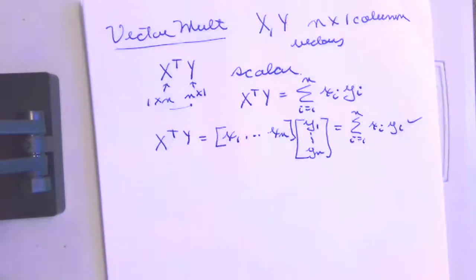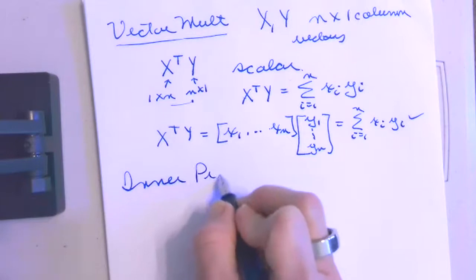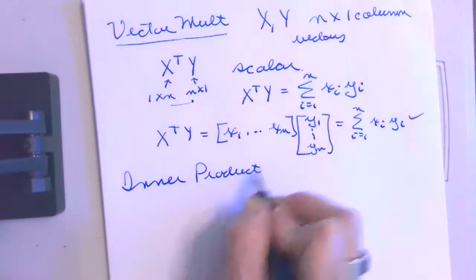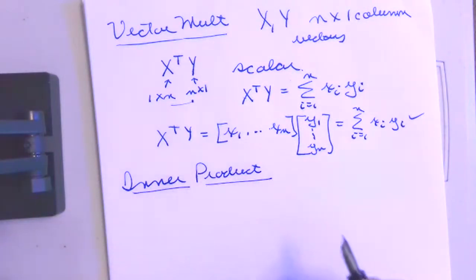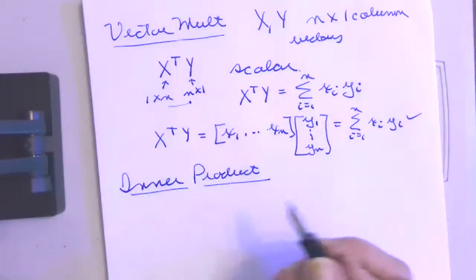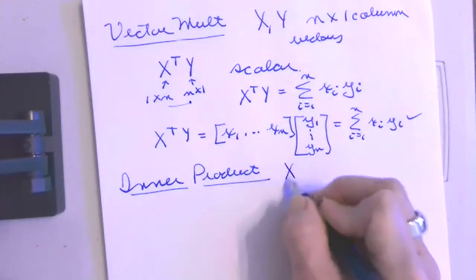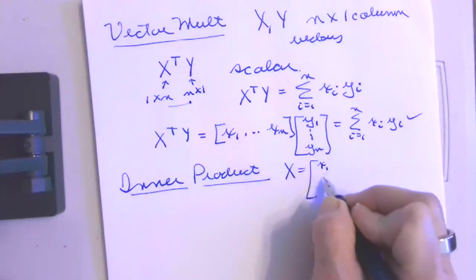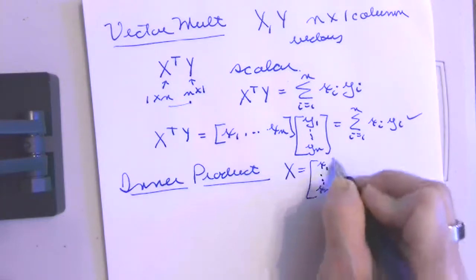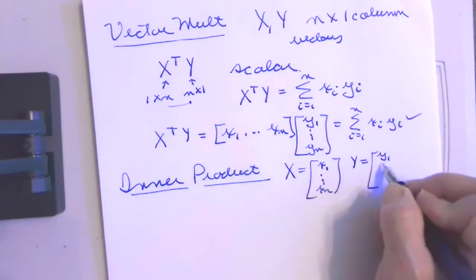But the more common one, the one that's more useful, is what's called the inner product, because it turns out to be the dot product, which everybody in here must have seen in either linear algebra or calculus 3. So again, suppose X is a column vector x1 up to xn, and Y is the column vector y1 up to yn.